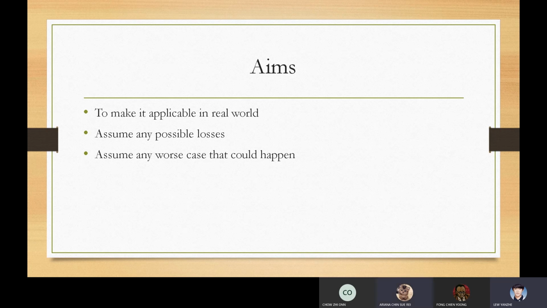Secondly, since solar photovoltaic is very sensitive to many things in nature, like suddenly too much power input, I will assume any worst case that could happen to the system, so that even if the worst happens, the system can still run.